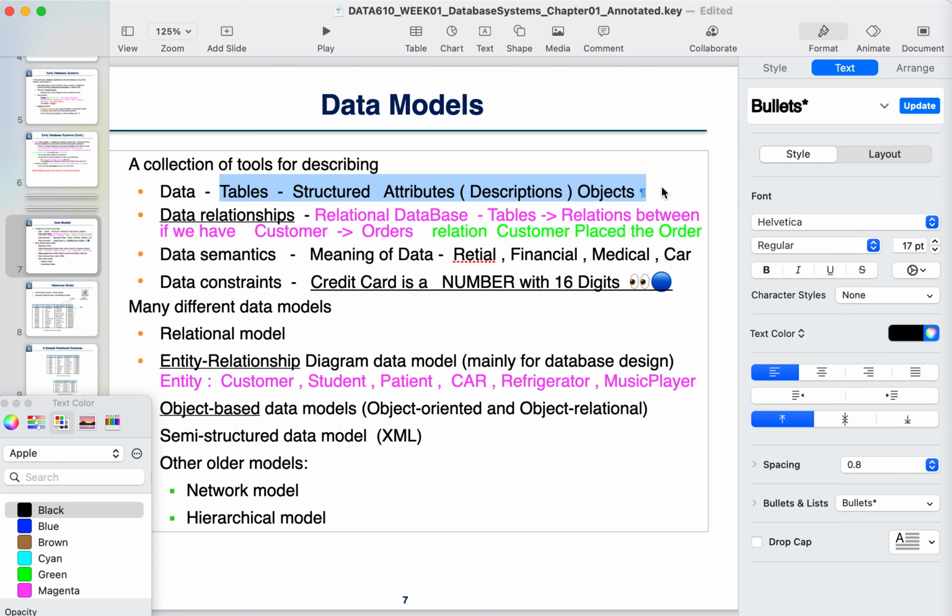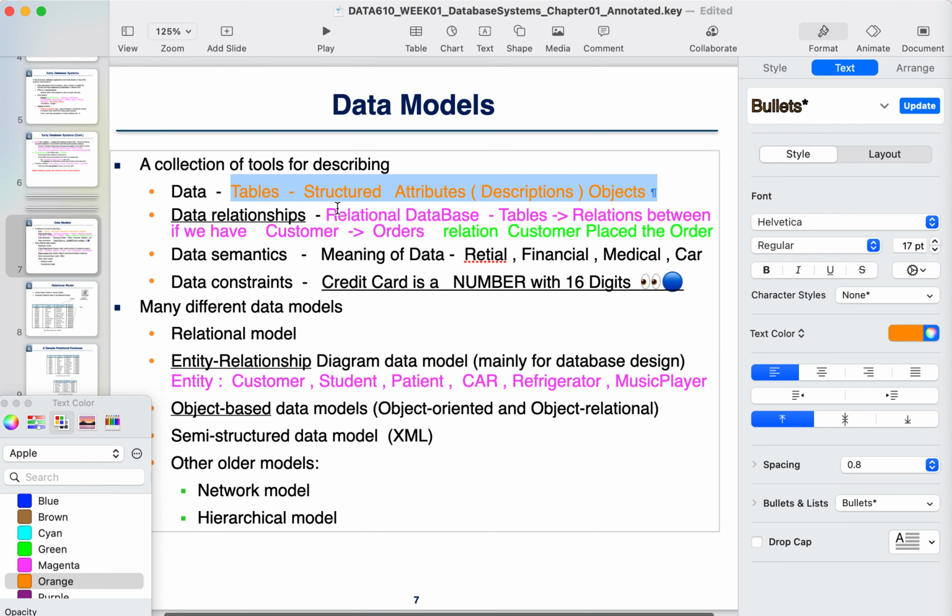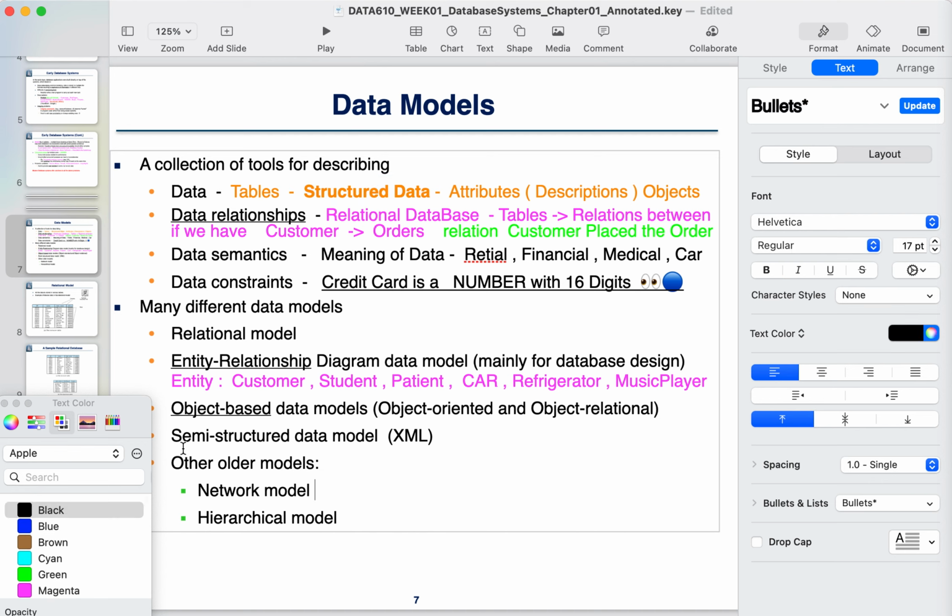When we have tables with descriptions and objects, that's called structured data. Now, there are other kinds that are semi-structured.